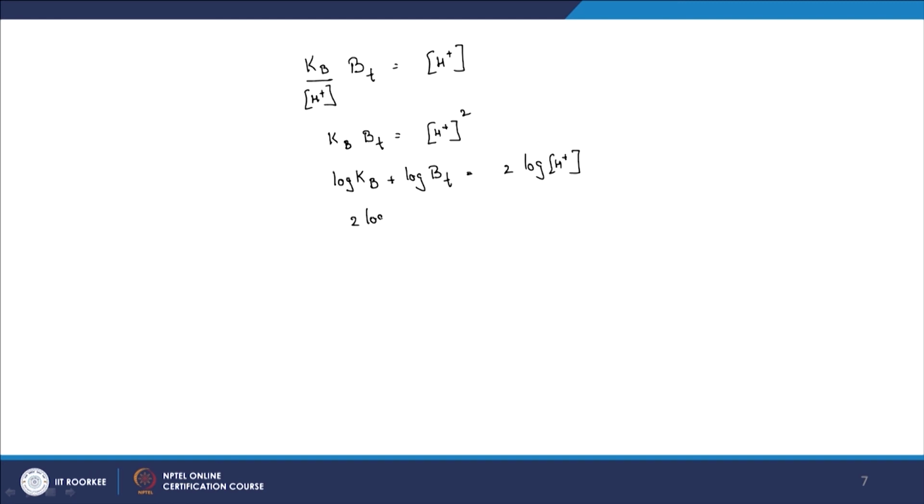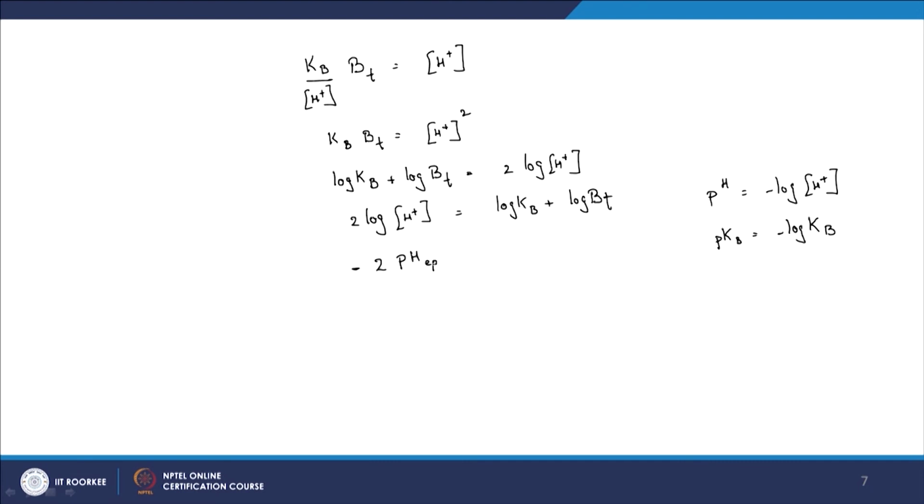So let us write that just to simplify my calculation here: log Kb plus log B total, and now we know that pH is equal to minus log concentration of H plus. We also know that pKb is equal to minus log Kb, right. So I am going to substitute those particular terms here. So it is going to be minus 2 pH at the equivalence point, right.